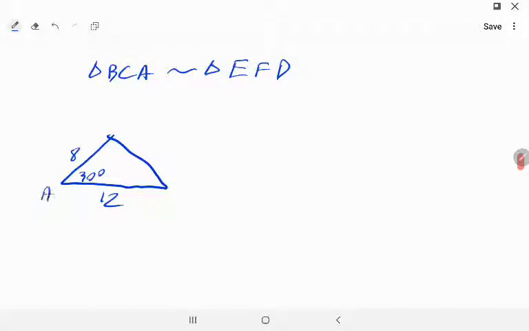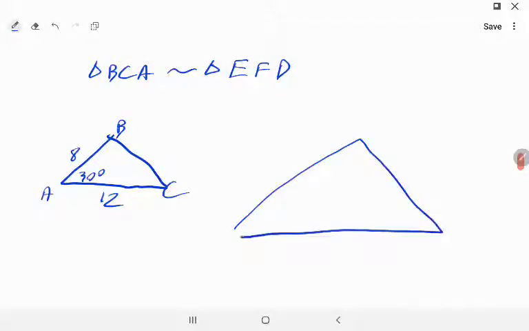Let's call this ABC again. And then the other triangle, we have the same 30-degree angle, and sides 24 and 36. If the angles match and the two sides are proportional, that forces the third side to be proportional.